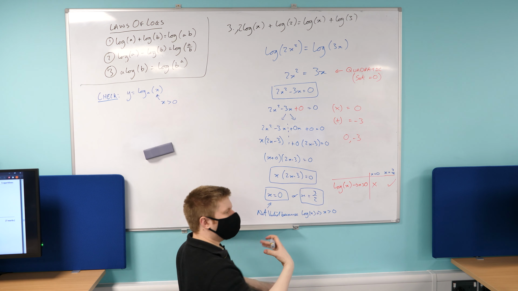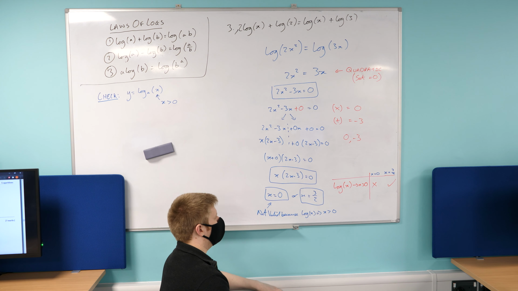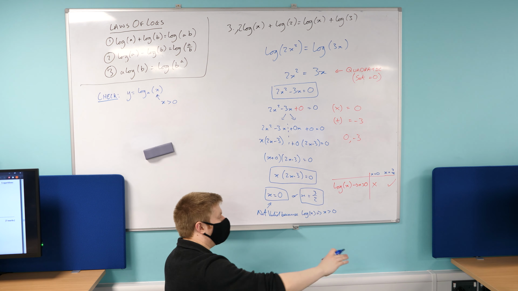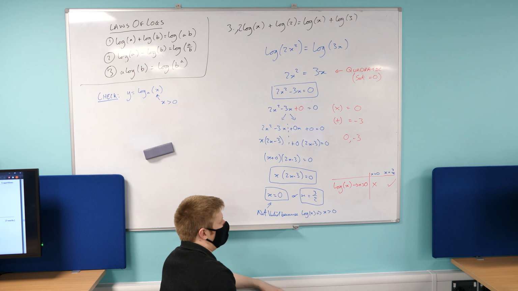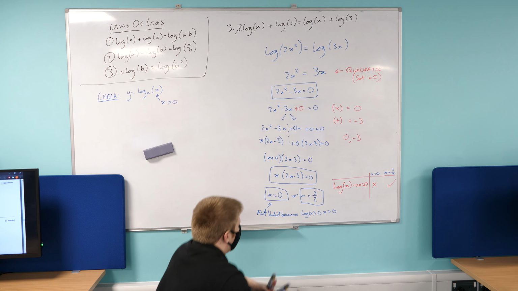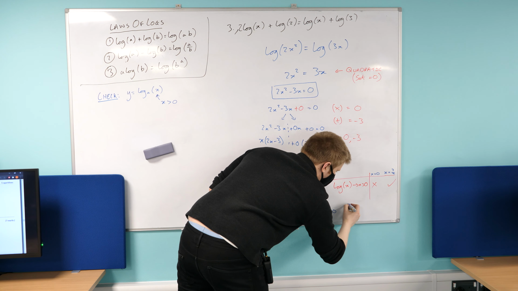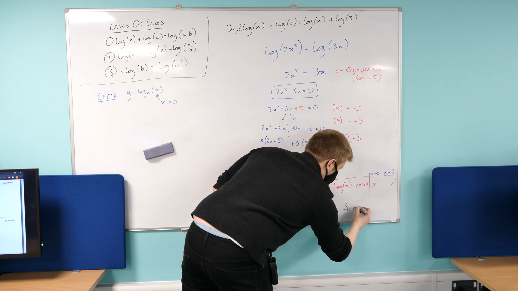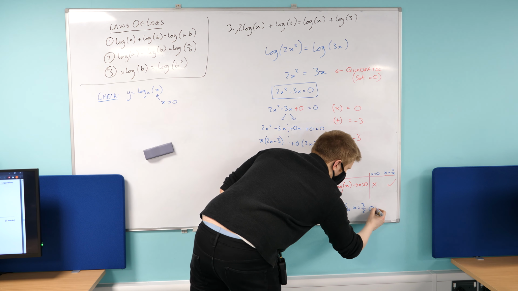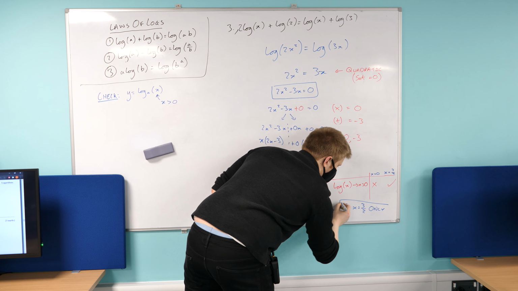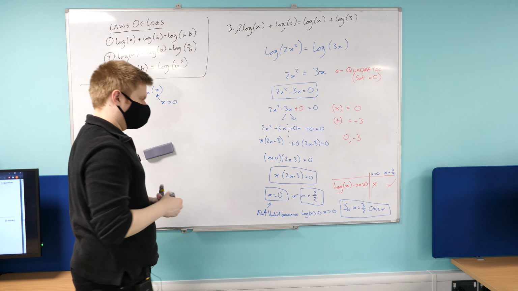Okay, so always write down the reason why it's not valid. If you wanted to do this little table, that's fine. So you didn't need to do this and this. But either way, you need to say, so I've run out of space here, so I'll write it down here instead. So x equals 3 over 2 only. Okay, so that's the only solution that you're after.